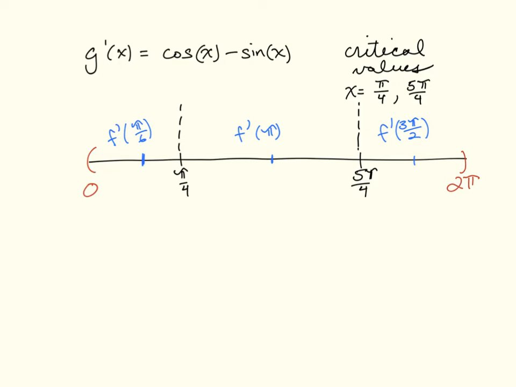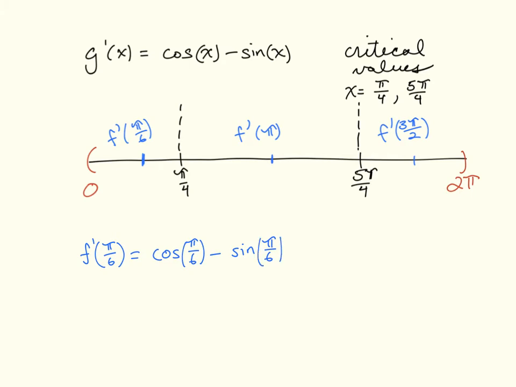So when pi over 6 is substituted in for x into the derivative, this means we need to find the cosine of pi over 6 and subtract the sine of pi over 6.